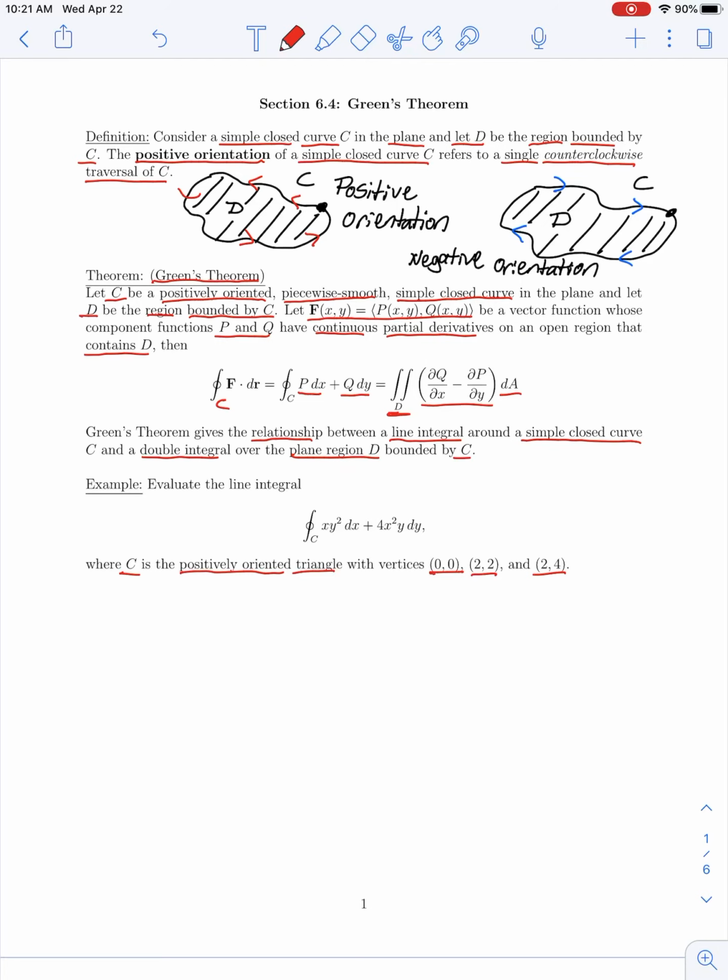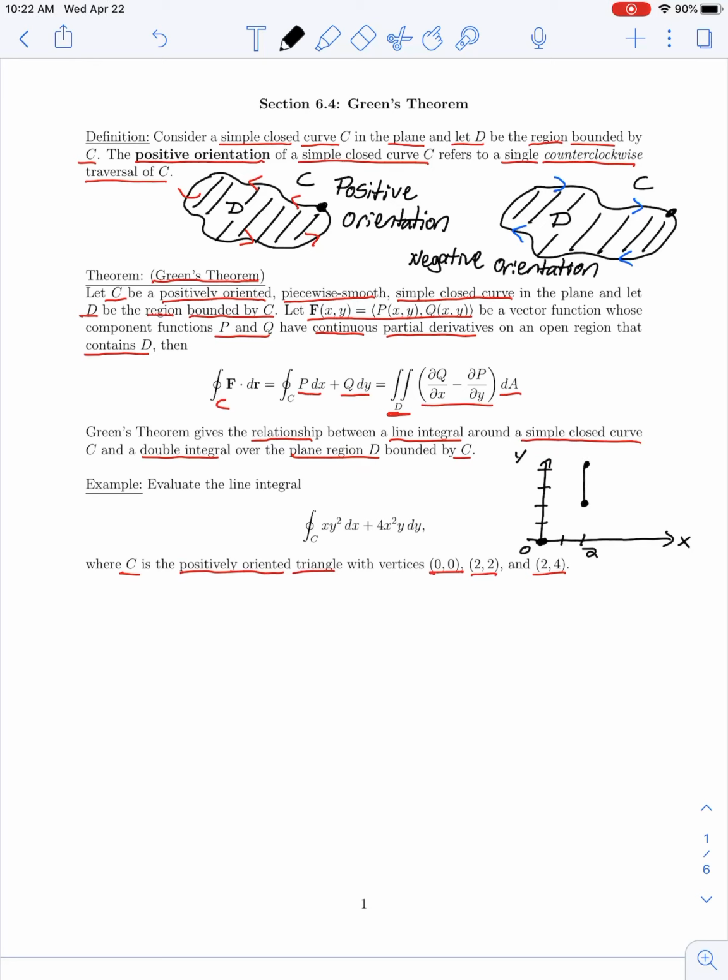So let's start by visualizing our curve over which we're supposed to be integrating this line integral. So here in the xy plane, we are considering the triangle, which has its vertices at 0, 0, 2, 2, and 2, 4.